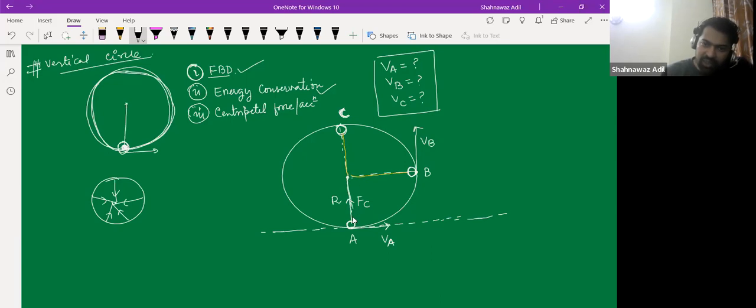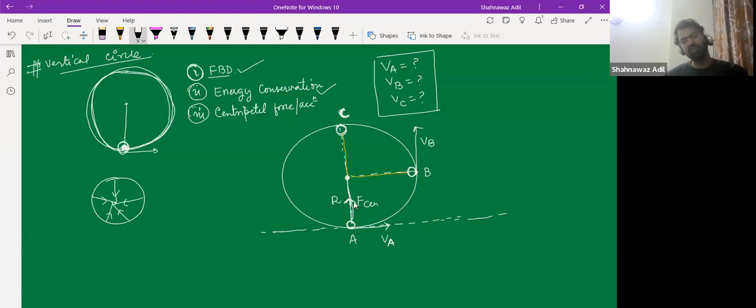This is a thread, right? I should not write this C, so how should I write centripetal? Okay, so one force is acting towards the center. The other force would be due to this string.